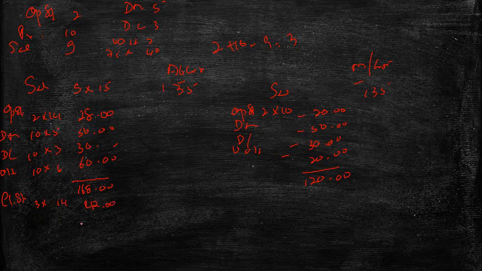So your total cost is 168, but you have a closing stock of 42. Your cost of sales is 168 minus 42, 126. So you have a profit of 9 in absorption costing. Is it clear?